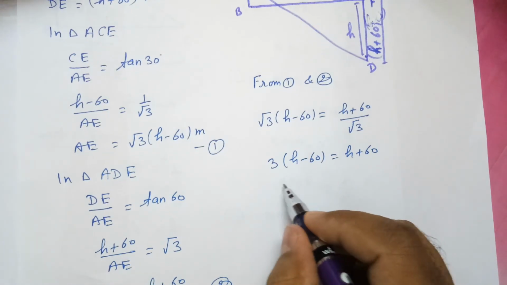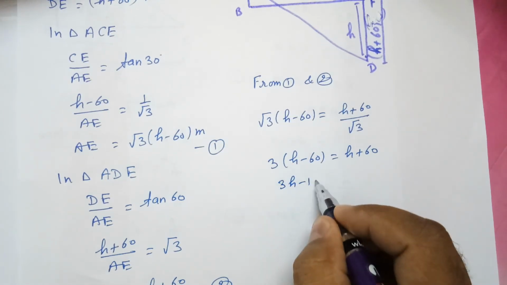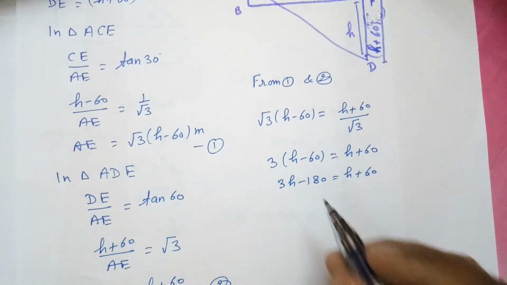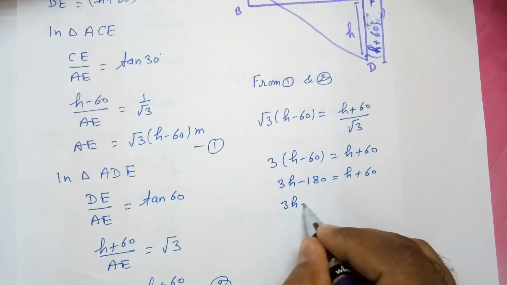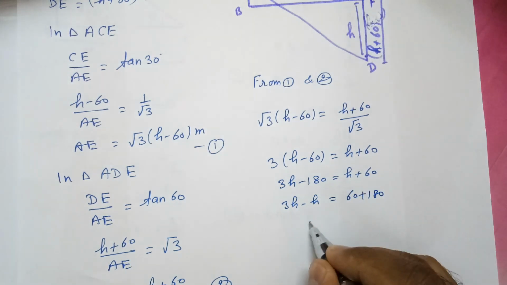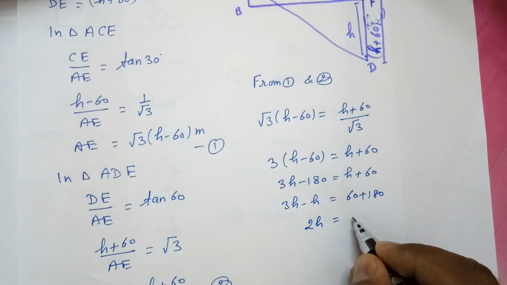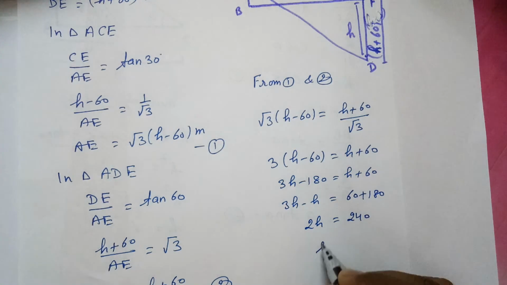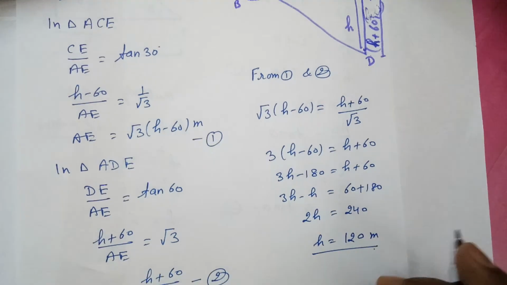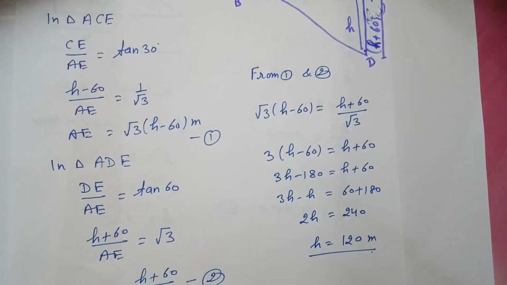Multiplying inside, it becomes 3h minus 180 equals h plus 60. Now taking like terms to one side, 2h equals 240 and h equals 120 meter. So the height of the cloud is 120 meter.